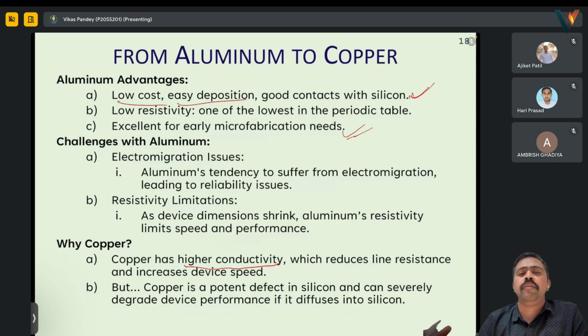Trenches are created in this. Titanium nitride is deposited, copper is deposited. The top layer is removed using chemical mechanical polishing, and it is flattened, and as such we get our deep contacts.